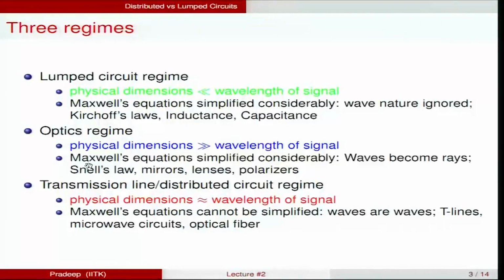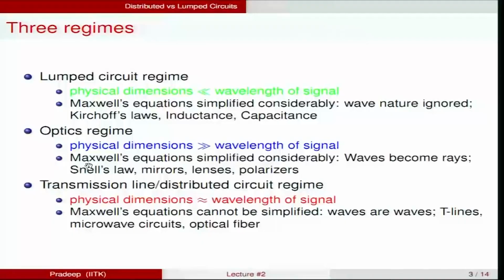When you discuss any circuit, you typically end up looking at three different regimes. The most familiar regime for you would be the lumped circuit regime. In the lumped circuit regime, you conveniently ignore the physical dimensions of the components.